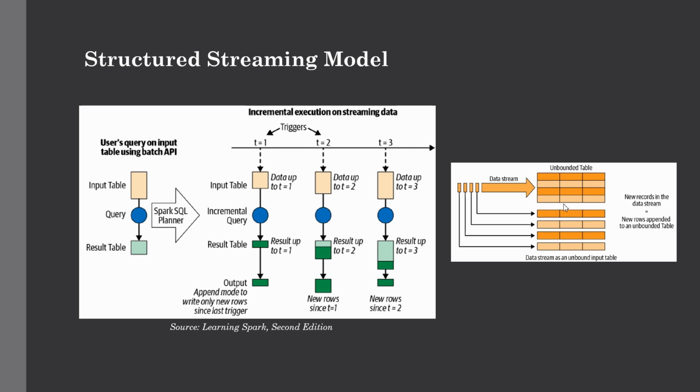As you can see, this is an unbounded table. The new data which is coming in will be appended to this unbounded table, which means that new records in the data stream are equal to new rows appended to this unbounded table. That is the concept behind the structured streaming model.